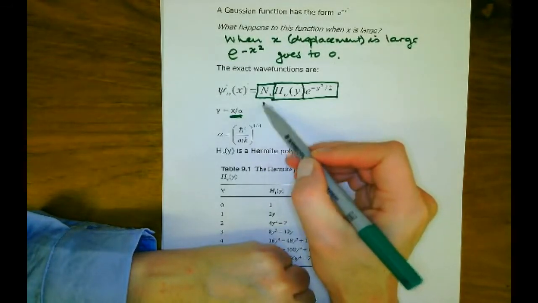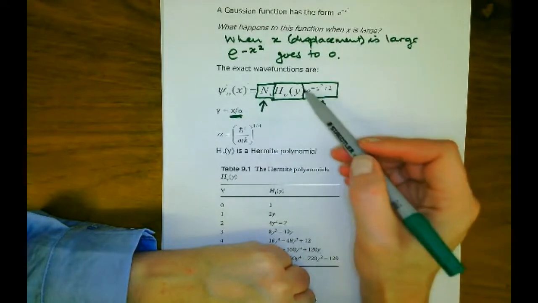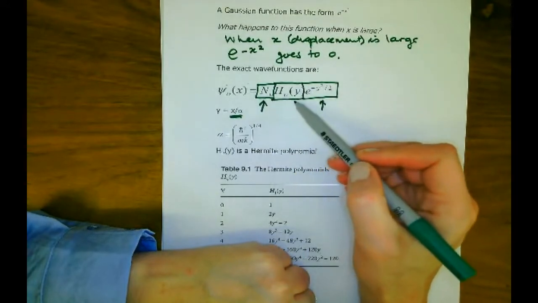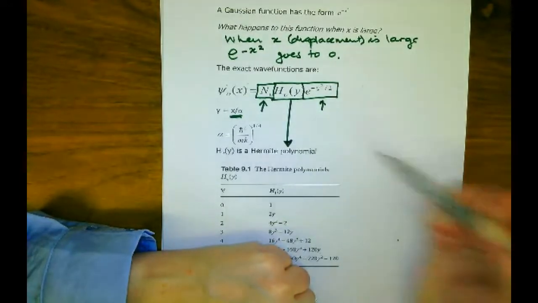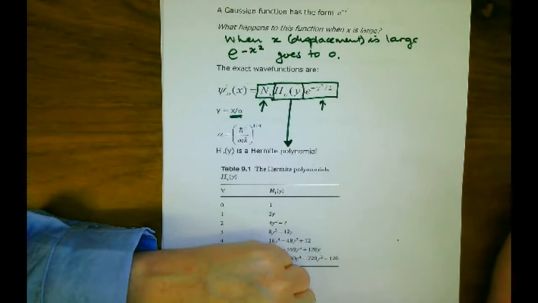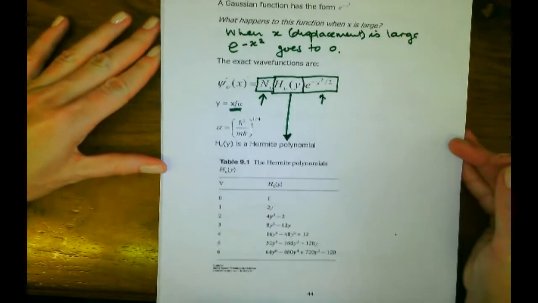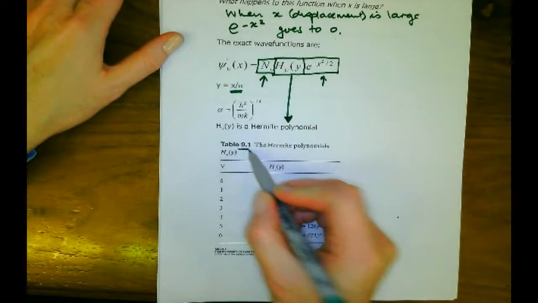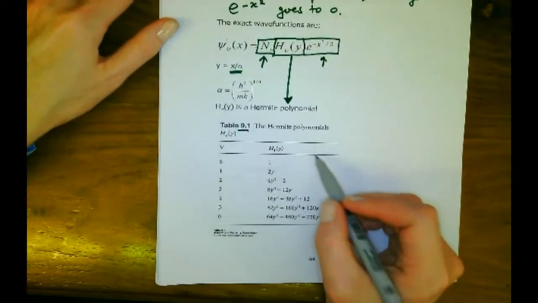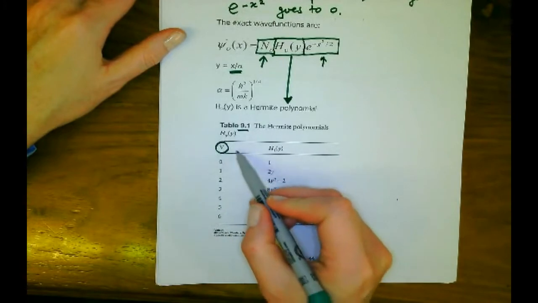Okay, so we've talked about this. This is just the normalization constant. That is the Gaussian function. What about this part? Well, that is known as a Hermite polynomial. So it's a specific or a special type of mathematical function. And all that you need to know about the Hermite polynomials is that you obtain it from the table. So we have a list of Hermite polynomials depending on the quantum number.